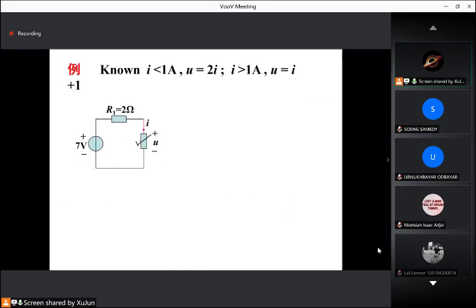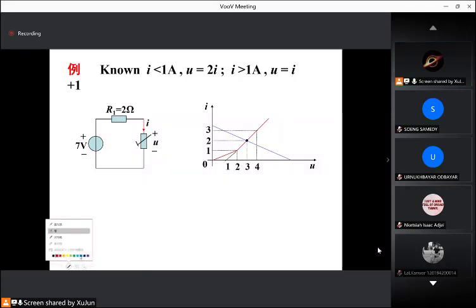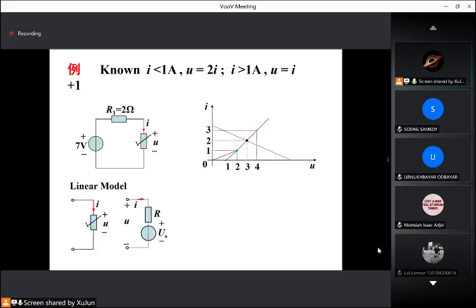For example, for this nonlinear resistor, we know this is the curve. This is the nonlinear part. For the nonlinear part, the change point is 2 volts, 1 ampere. So from 0 to 2 volts, it is a segment. From 2 to 4, it is another segment. Now we try to find the solution of this circuit.